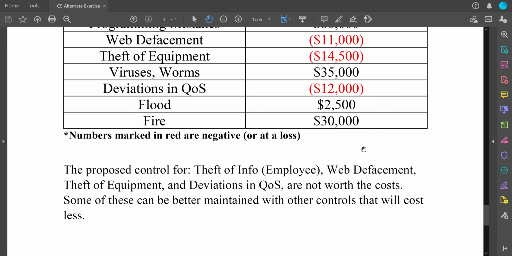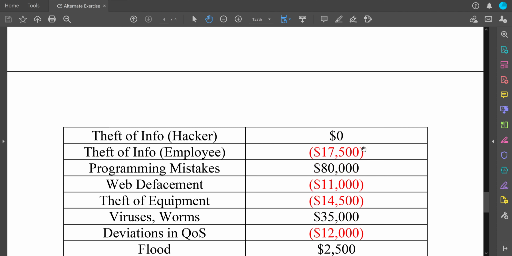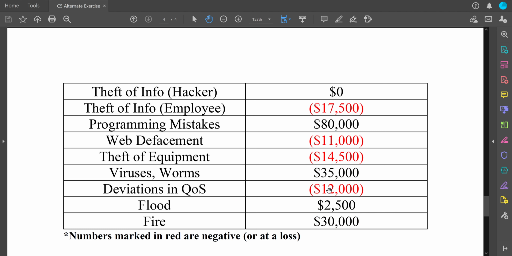And after that second part of the question, you'll go back, look over the table, and see which ones weren't really worth the cost of putting a control in place, or whether there's a better control that could have been put in place that could have cost less for that specific threat category.